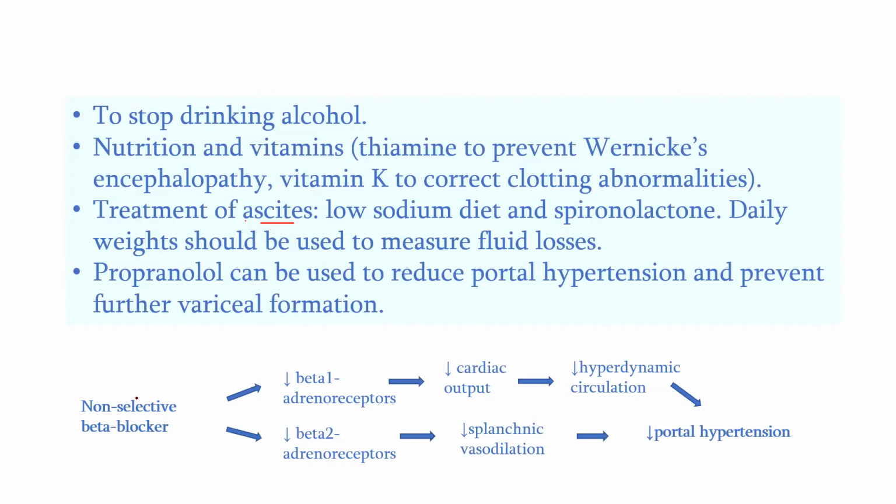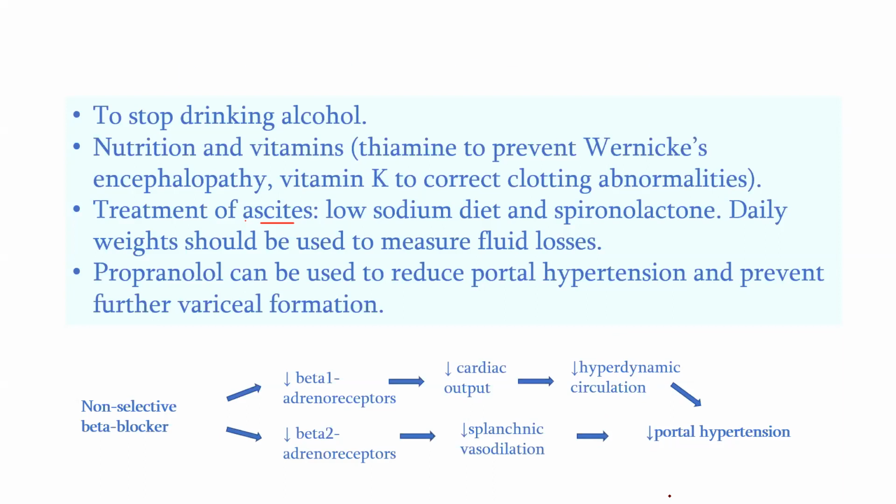How will propranolol help him? This is a non-selective beta blocker, so it blocks beta-1 adrenoreceptors in the heart and decreases cardiac output and decreases hyperdynamic circulation, one of the components of portal hypertension. Together with it, beta-2 adrenoreceptors are blocked, which will decrease the level of splanchnic vasodilation and also will decrease portal hypertension.